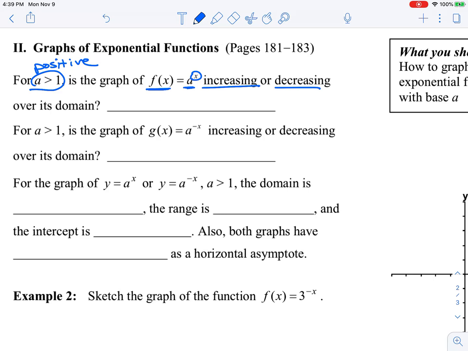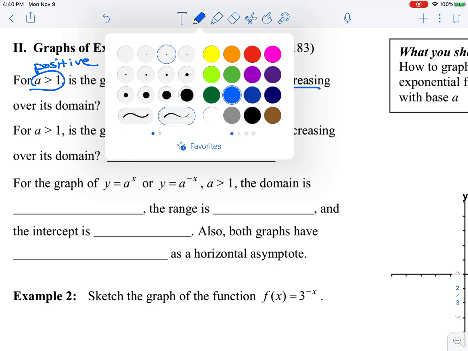If I think about it, as x is getting bigger, what would happen to our overall function? If I've got a bigger and bigger exponent, I'm going to get bigger and bigger values as well. So it's going to be increasing. As x gets bigger, so does the overall value of f of x.